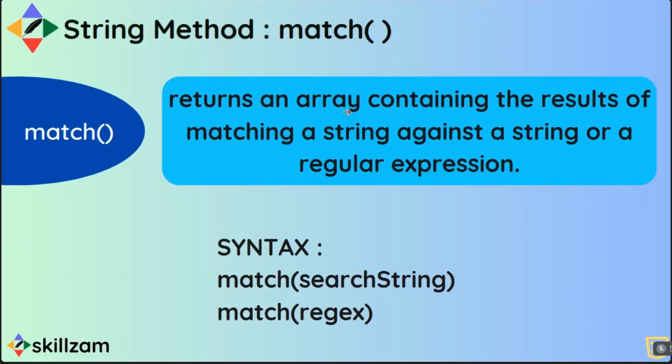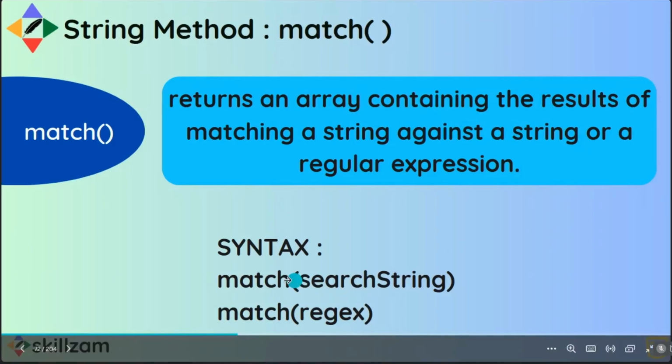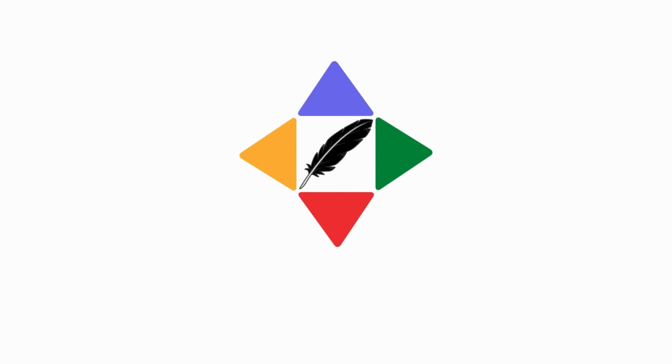So the split method will return an array, whereas the match method returns an array containing the results of matching a string against a string or a regular expression. All right. The symbol is matched with the search string that you need to give as a parameter. All right. Thanks, guys.